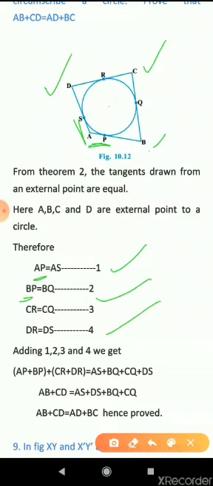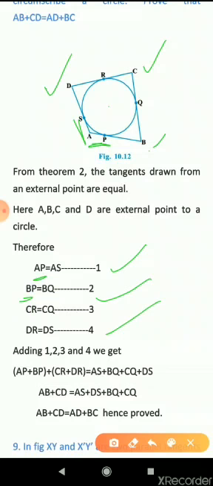So, using theorem 2, the length of tangents drawn from an external point are equal. Because of that, these two tangents are equal at each external point. Now, adding 1, 2, 3 and 4, that means LHS to LHS, RHS to RHS.